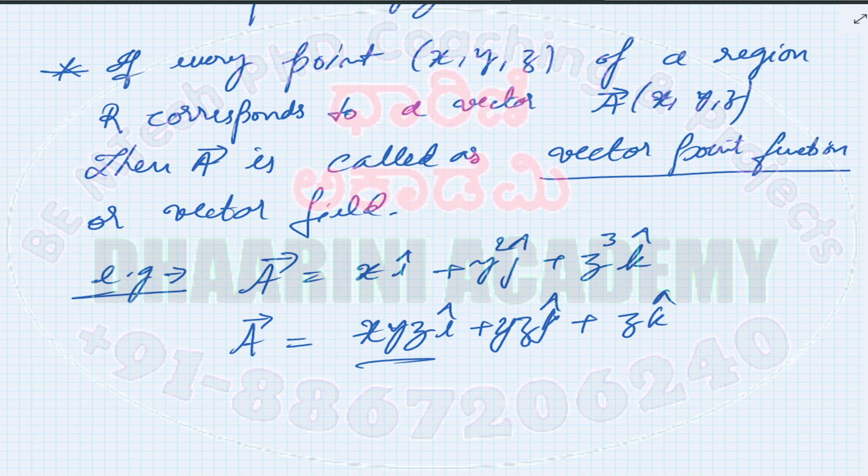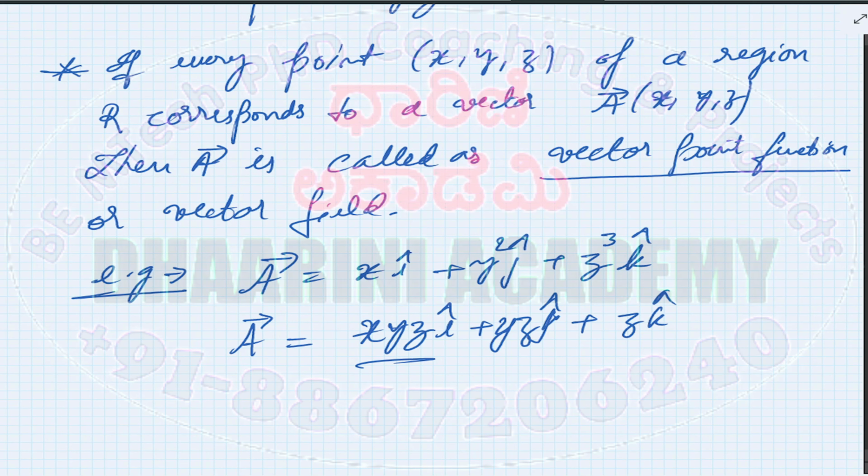So multiply that with i cap, a unit vector along x-axis, you get a function, plus yz into j cap plus z into k cap. Okay, so because of this reason, now you know that we are going to call this a vector function.